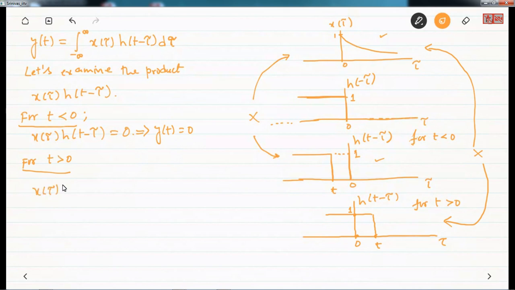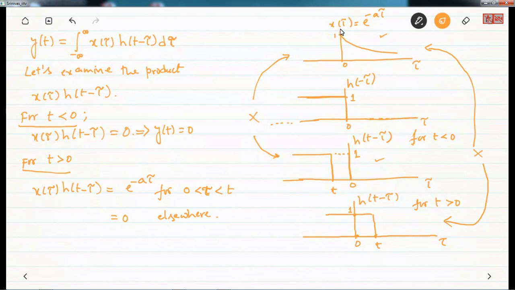So x of tau into h of t minus tau is equal to e power minus a tau for tau varying between 0 to t, and is 0 elsewhere, right?